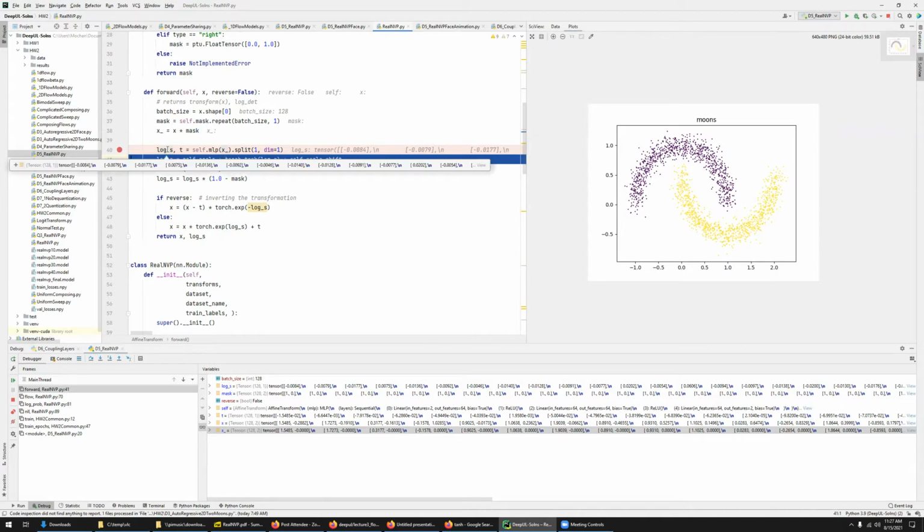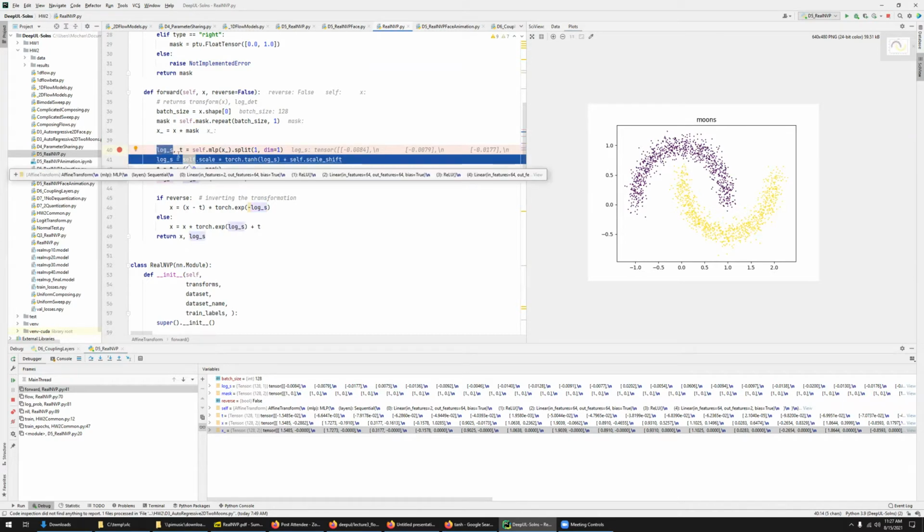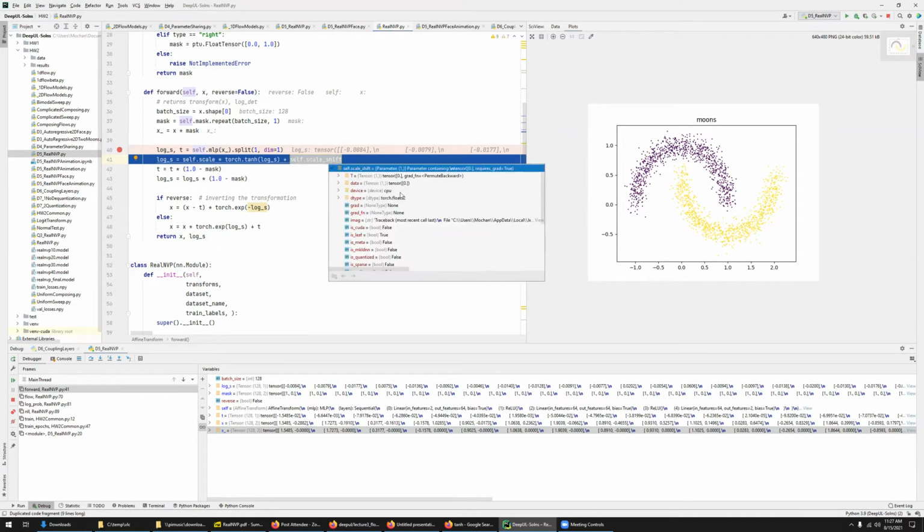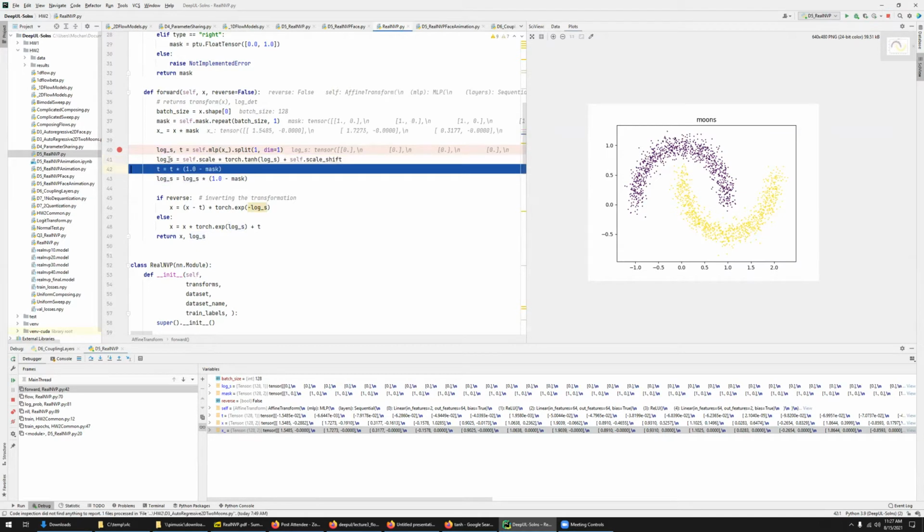And then we get log S and T. This is supposed to be the log of the scale, and this is supposed to be the translated value, I think. But then there's also another scale and another shift of the translation value here. So log S gets shifted again. Right now the scale and the shift are initialized to 0, I think. So this log S will be 0 on the first pass.